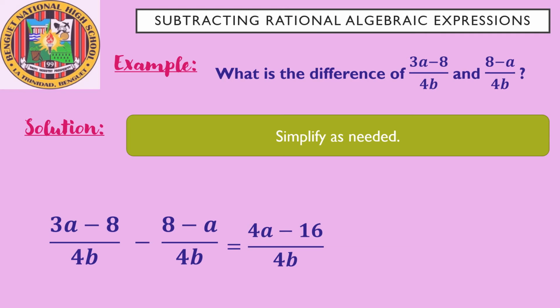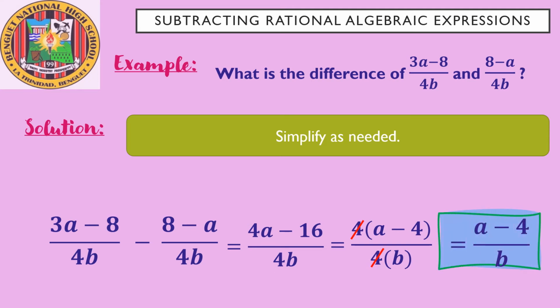To simplify, we check if there are any common factors between the numerator and denominator that we can cancel out. If we rewrite our expression into its factored form, we see that 4 is a common factor in the numerator and denominator that we can cancel out. This leaves our answer in its simplest form, which is a minus 4 over b.